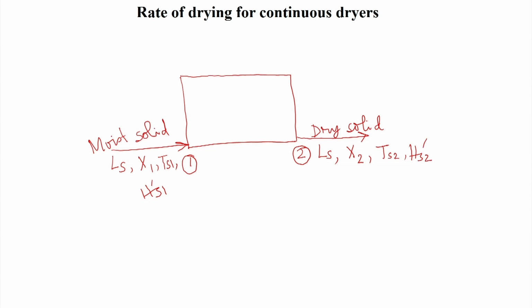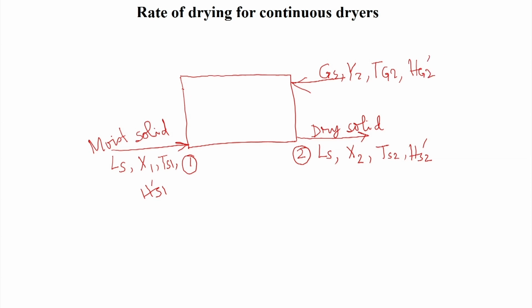I told you that most continuous dryers operate in counter current mode. So, the drying gas will be entering with flow rate Gs, humidity Y2, temperature Tg2, and enthalpy Hg2 prime.